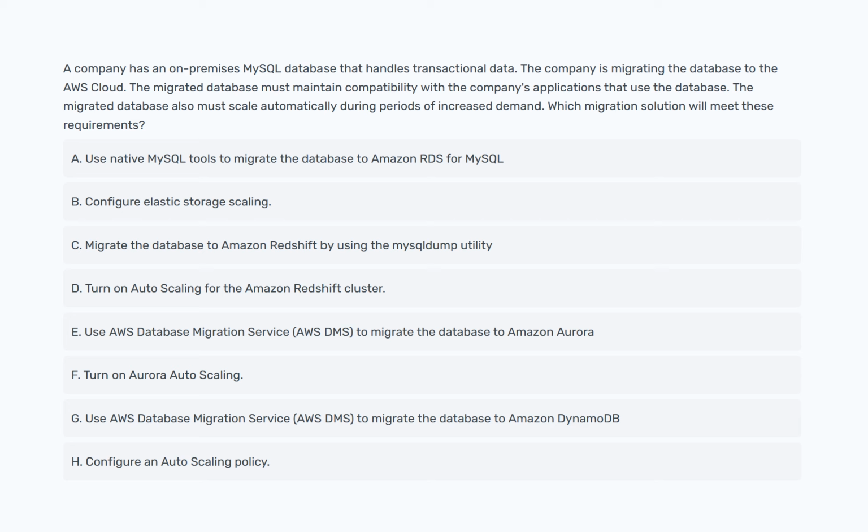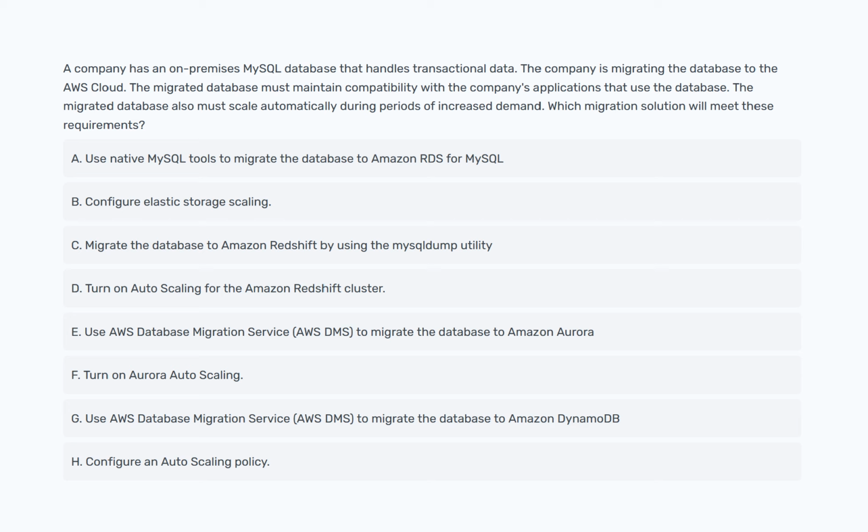Turn on auto scaling for the Amazon Redshift cluster. Use AWS Database Migration Service to migrate the database to Amazon Aurora, and then turn on Aurora auto scaling. Use AWS Database Migration Service to migrate to Amazon DynamoDB. Configure an auto scaling policy. All right, so we got a few different options.